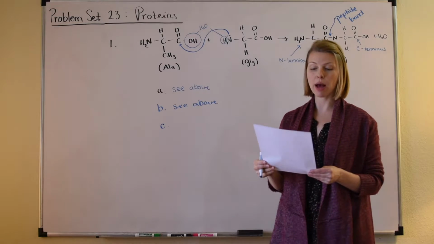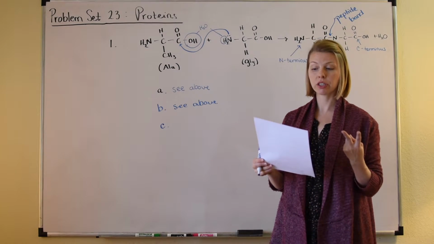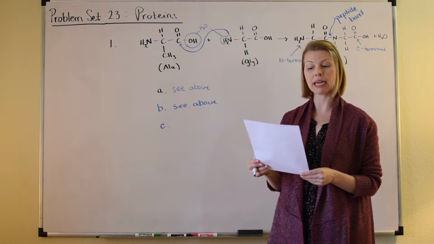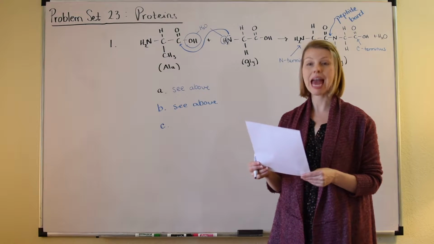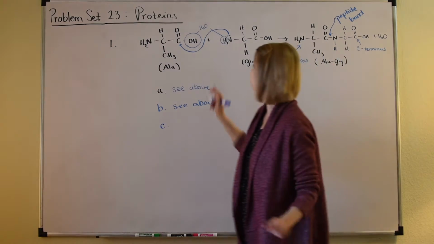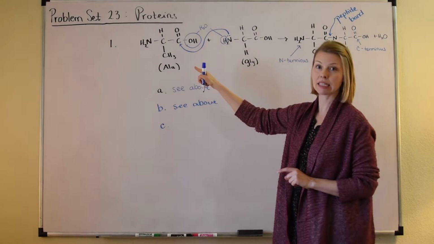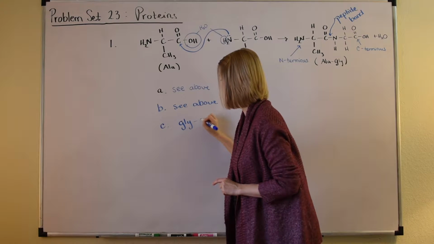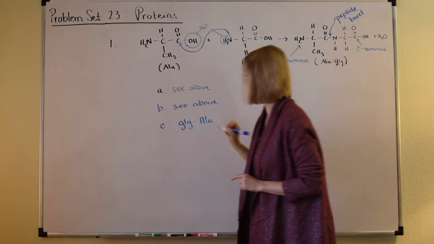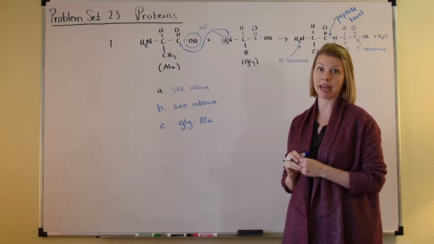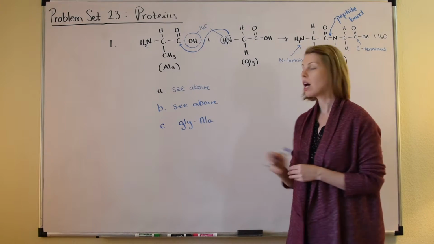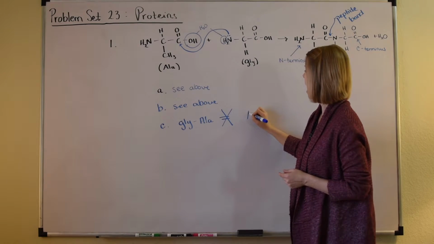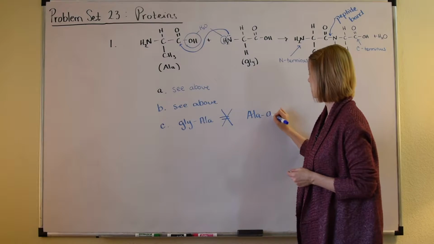If the 2 amino acids were switched to make glycyl alanine, would the new dipeptide be identical to the one you've drawn above? Explain. So if we switched the order of the amino acids, so we had glycine first, so glycyl alanine, would they be the same? The answer is no. Glycyl alanine is not the same as alanyl glycine.